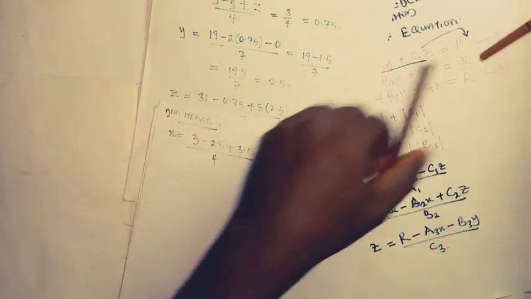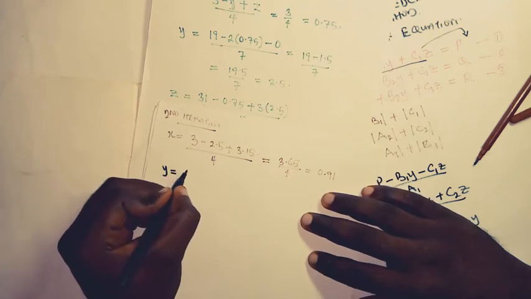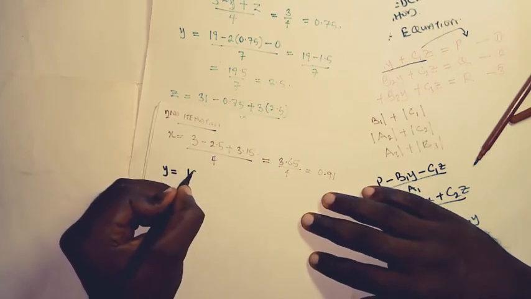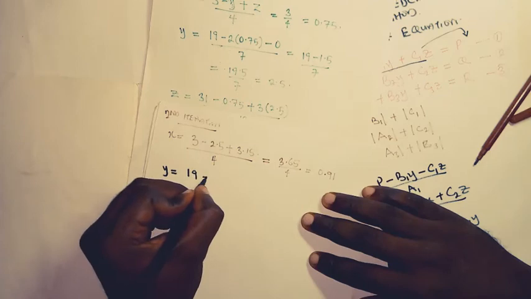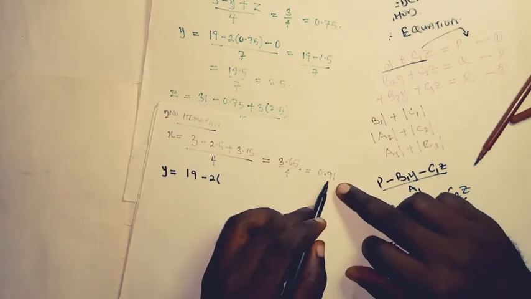For the new value of y, it is going to be equal to 19 minus 2 into, now x, I have a new value for x, which is 0.91.